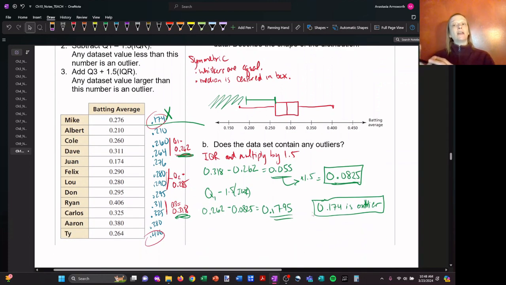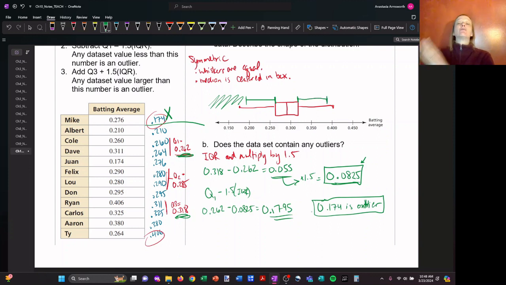We're going to do the same thing on the upper edge of the data. We're going to take that 0.0825 value that we calculated, and we're going to add it onto our Q3 number. And any value that's so extreme, it's even higher than that cutoff value, we're going to call an extreme value, an outlier, and we're going to remove it from the data set. So our Q3 value is 0.318, and our 1.5 times the interquartile range was 0.0825.